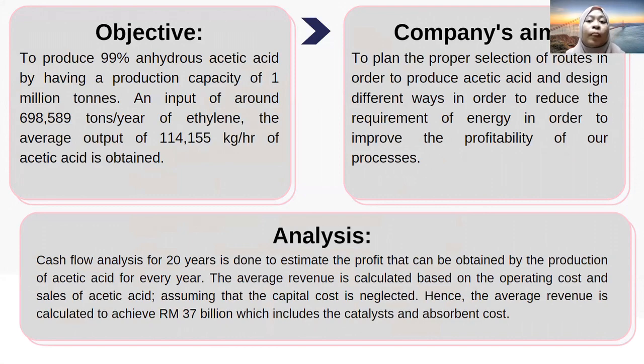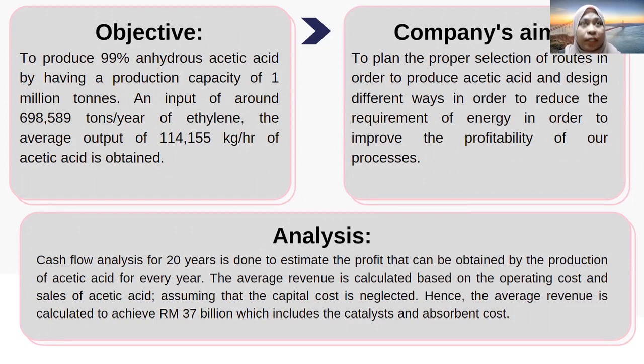So the company's aim is to plan the proper selection of routes in order to produce ST acid and design different ways to reduce the requirement of energy in order to improve the profitability of our processes.